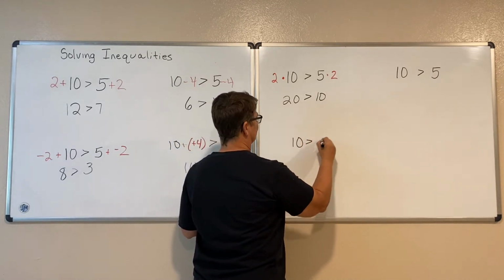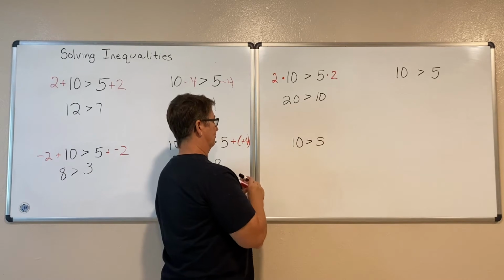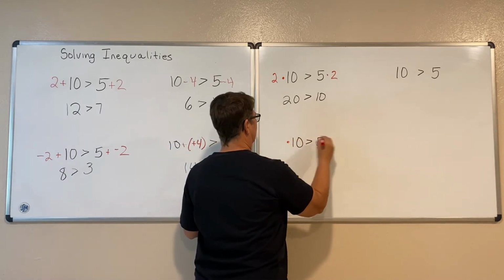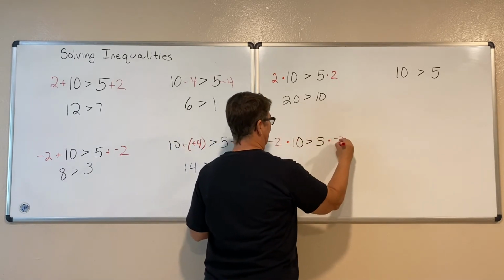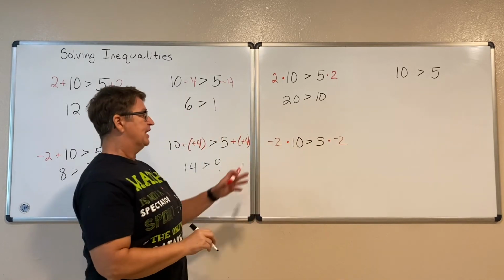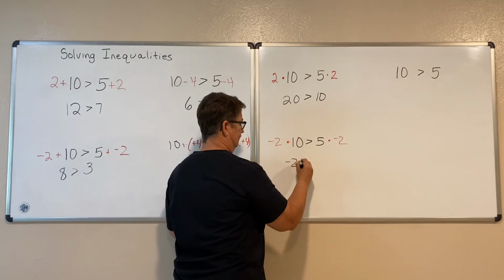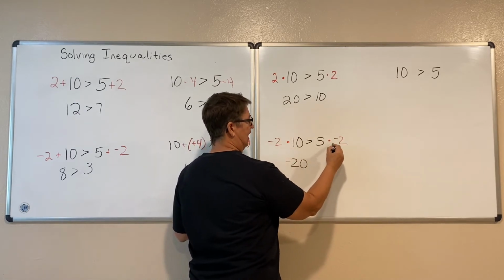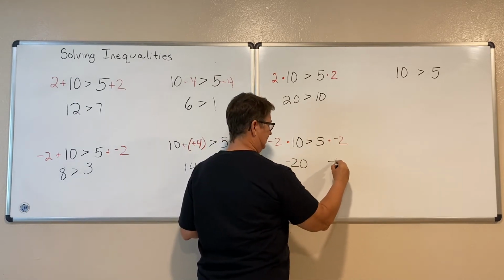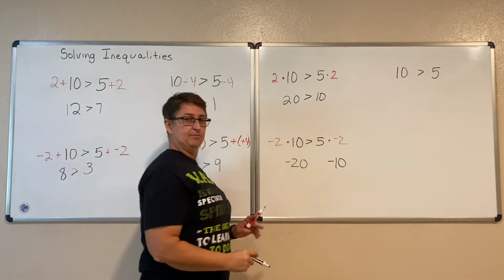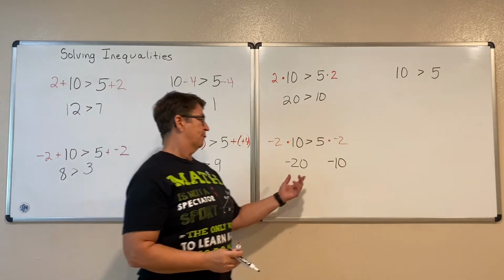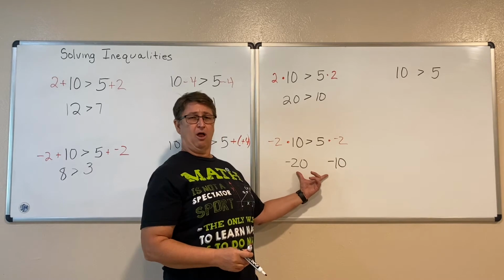Let's try multiplying by a negative 2. If I multiply both sides by a negative 2, negative 2 times 10 gives me a negative 20, and 5 times negative 2 gives me a negative 10. Which one of these is larger?